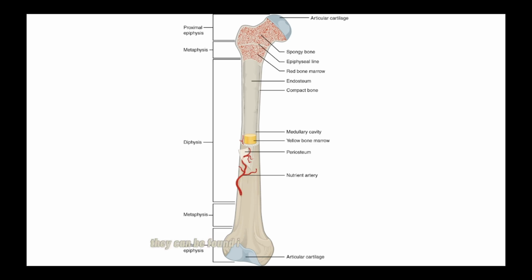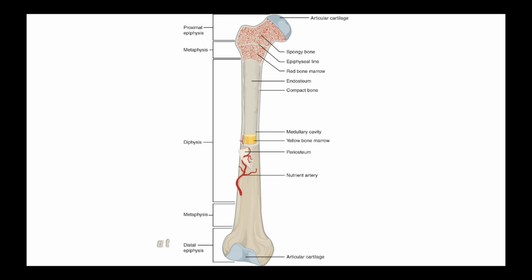They can be found in carpal bones or tarsal bones. Sesamoid bones are small bones embedded in soft tissue, usually a tendon, and the name means seed-like. The largest is the patella, which is your kneecap.